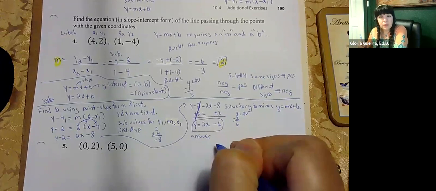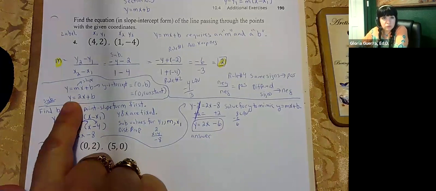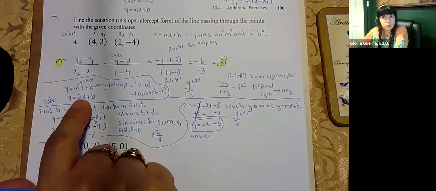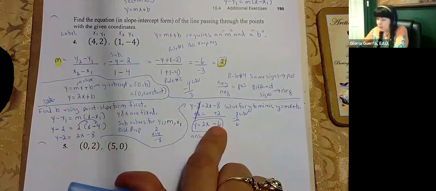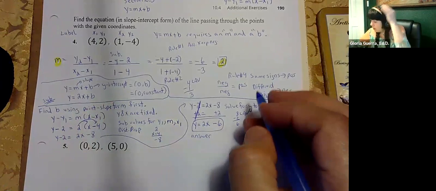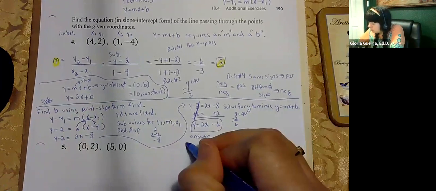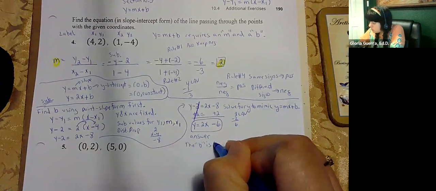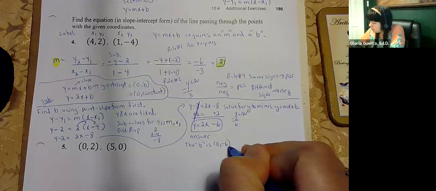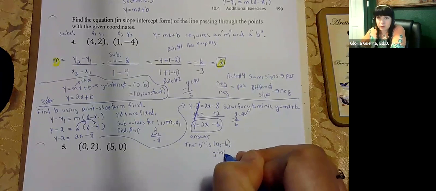And this is your answer. You knew already you had y equals 2x. You just didn't know what B was. What's the y-intercept? Now you know that B is 0, negative 6, which is the y-intercept.